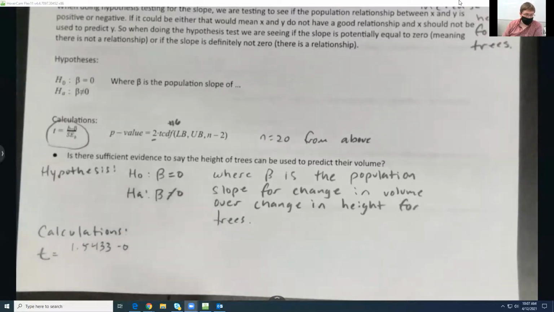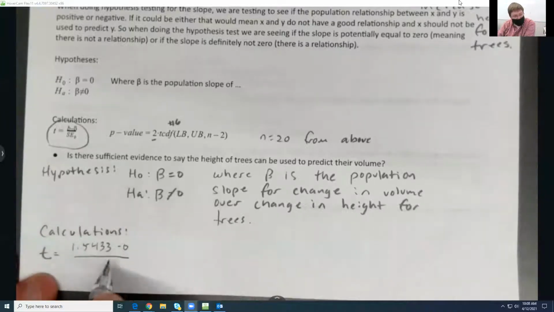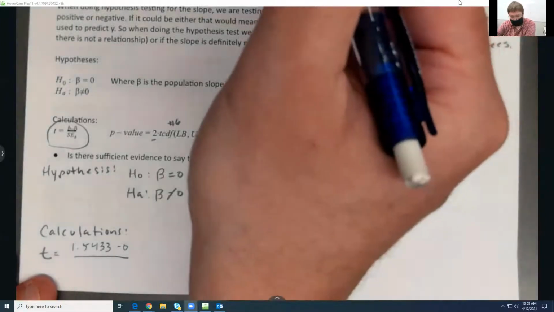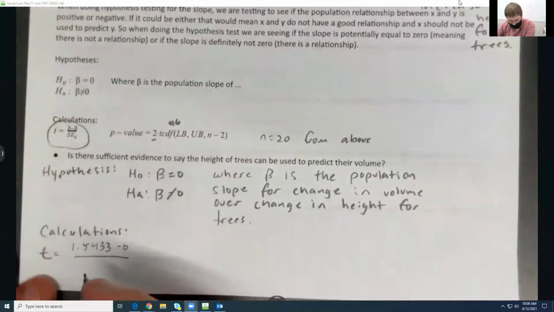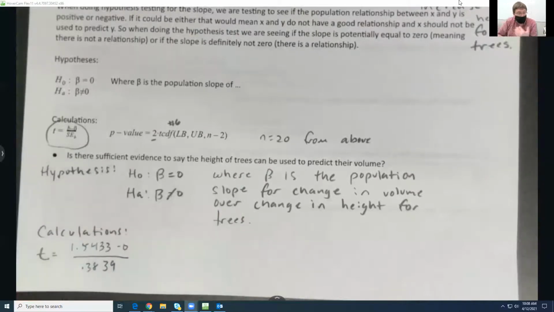I assume that there is no change. So basically, we're trying to determine if these are far enough apart. And then you could do standard deviation divided by n, but you don't have to. This bottom part is the standard error of your slope, which if you go back up to your chart there, is that same number we used earlier, the 0.3839. So I didn't have to really do anything in the calculator. Everything's kind of provided to me. I'm just kind of plugging and chugging on this.